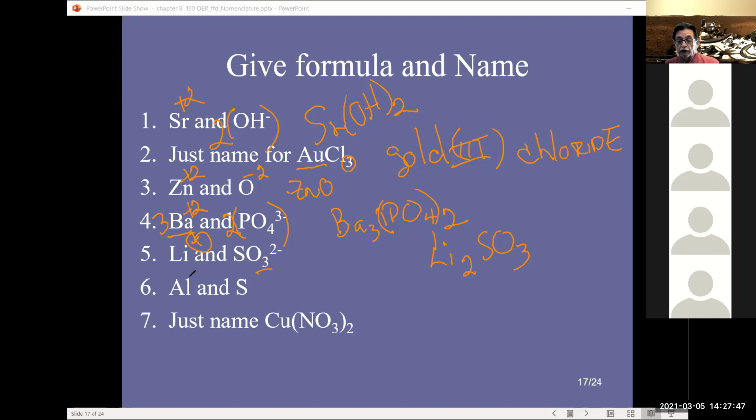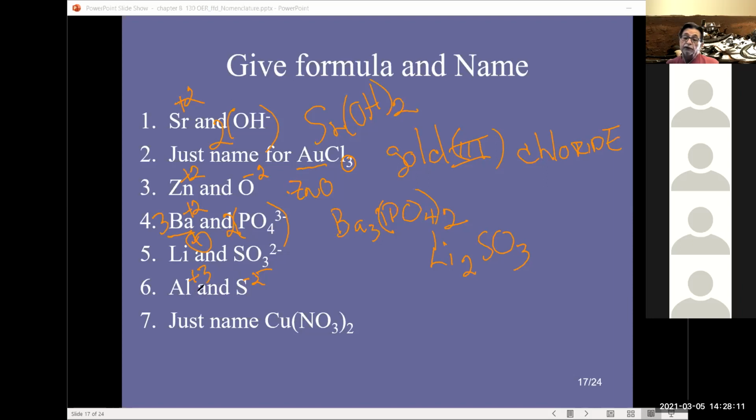All right, aluminum, part of the 16, we know it always has a +3 charge, is in group 3. Sulfide will have a -2, it's in group 6, okay? Now we have a dissimilar charge here. We got a +3 and a -2 to put together, very analogous to number 4. Okay, just the other way around.